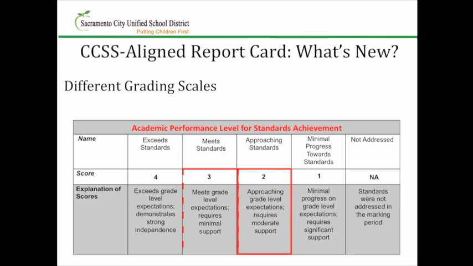A score of 2 means that the student is approaching the grade level expectations and requires moderate support. A score of 1 means that the student is making minimal progress towards grade level expectations and requires significant support. NA means the content area is not addressed in the trimester or is not applicable at the grade level.